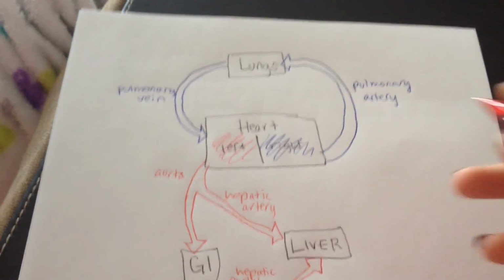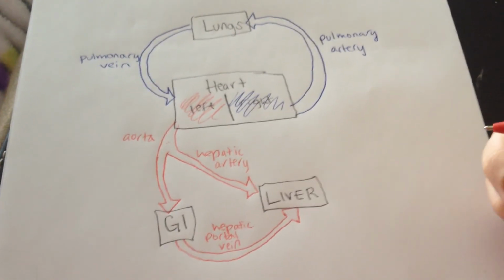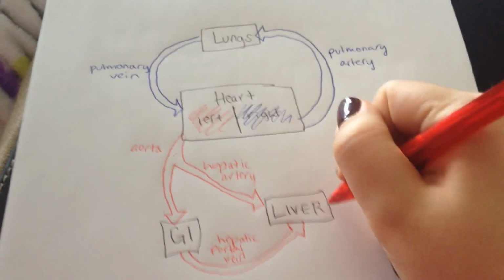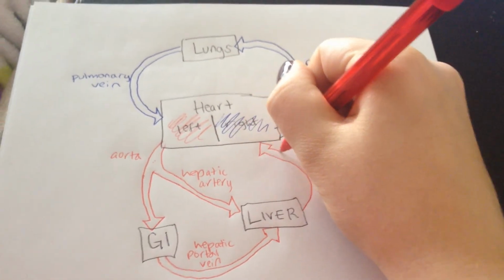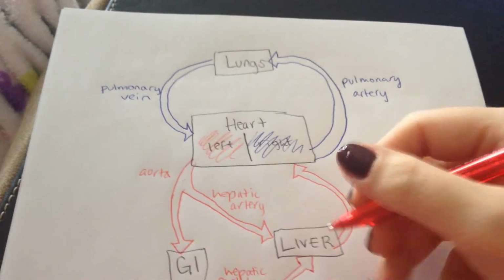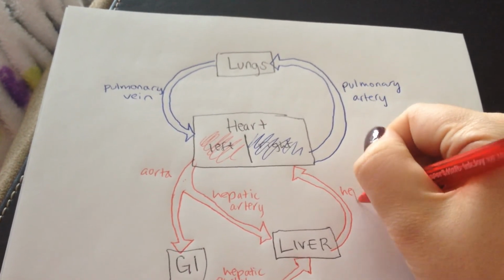And then whatever came through the hepatic artery or through the hepatic portal vein are both going to leave the liver and enter the right side of the heart. And this pathway is something we call the hepatic vein.